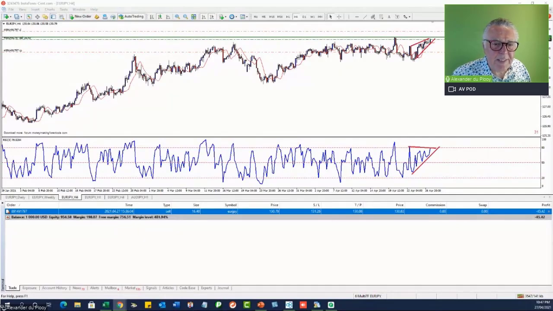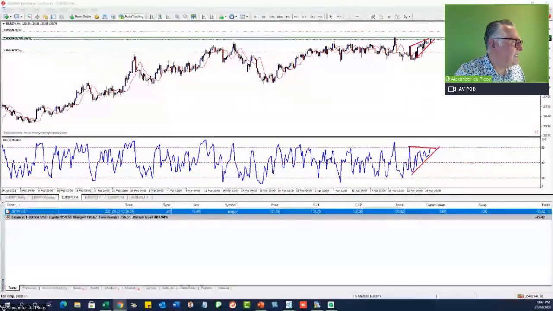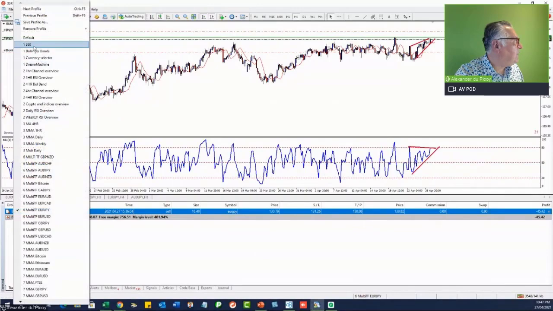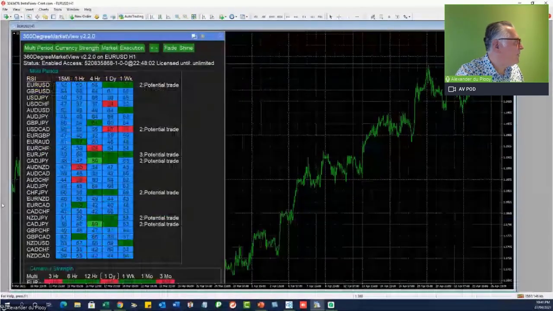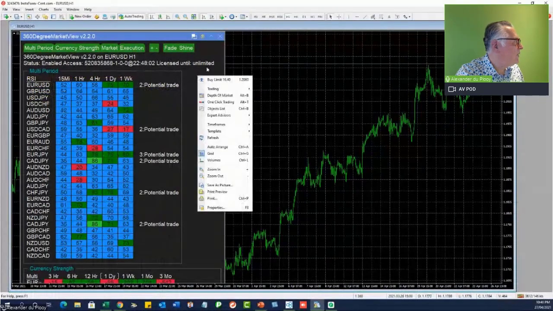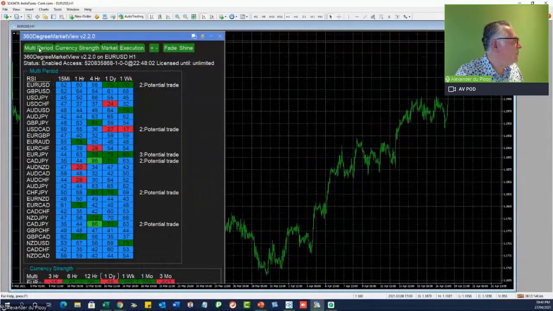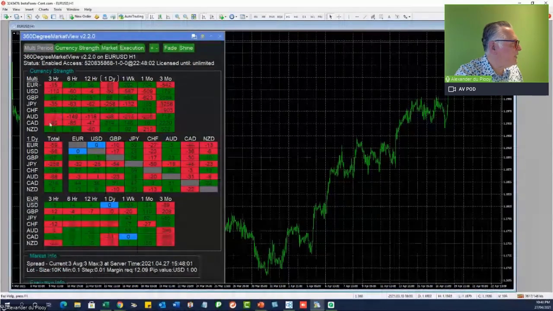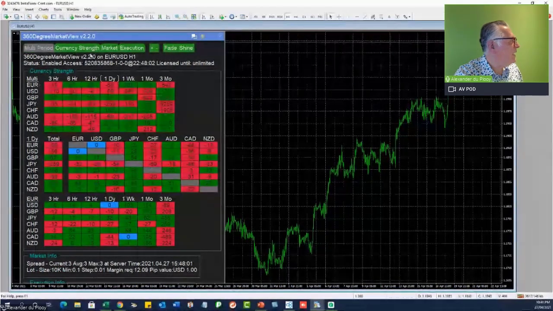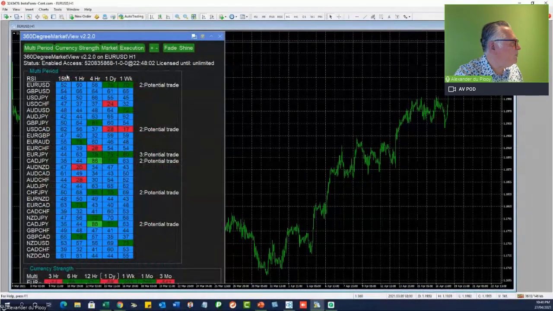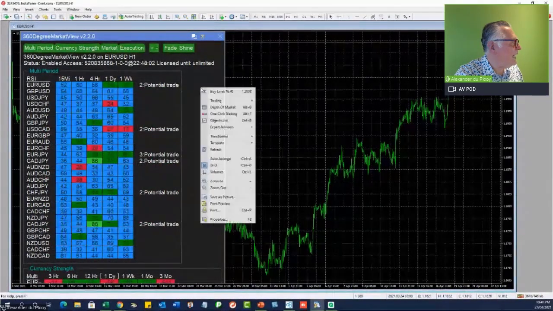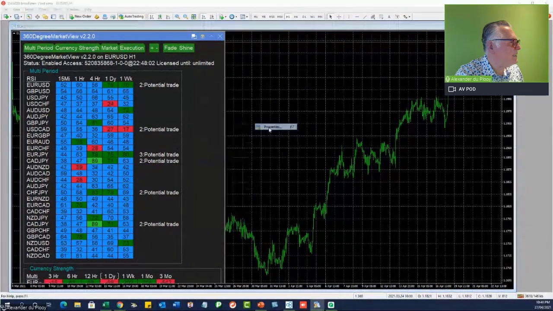Where do we get the 360 indicator? The 360 indicator has a lot to it. I haven't shown you a lot of what it is. It has the currency strength side of things, and it has the multi-period. It does a multi-period like this for, I think, 8 indicators.